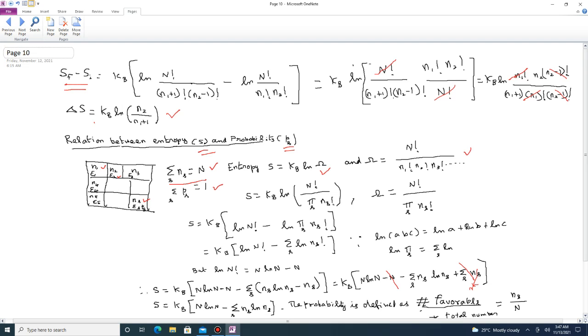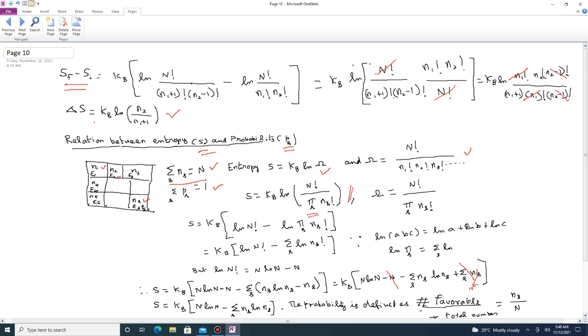Then S may be expressed as N factorial divided by the product of the factorials, instead of writing n1 factorial, n2 factorial and so on. The product of the factorials can be expressed using this notation: the symbol Pi represents the product. Pi over s of n_s factorial means n1 factorial, n2 factorial, n3 factorial, and so on.